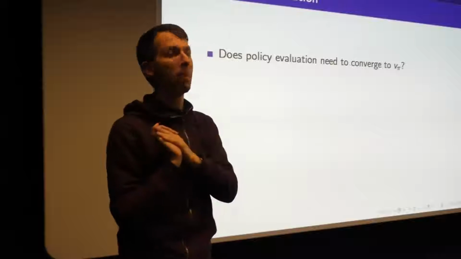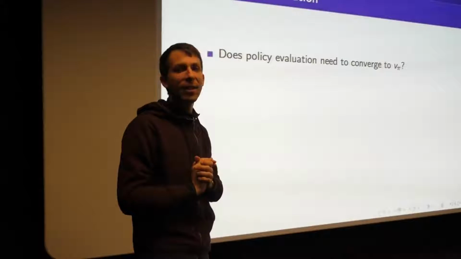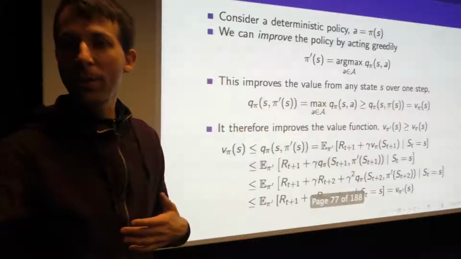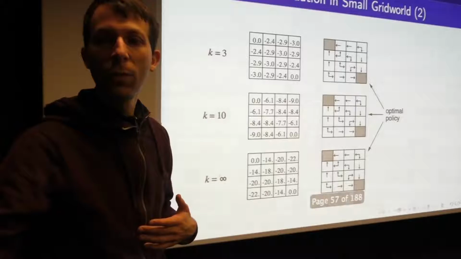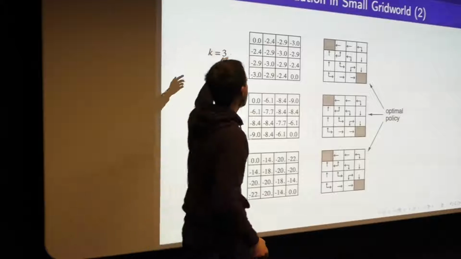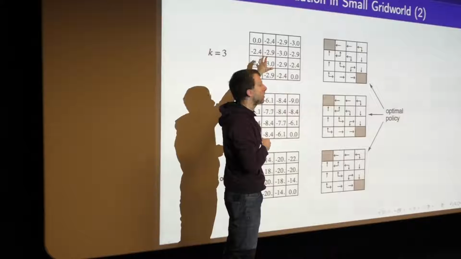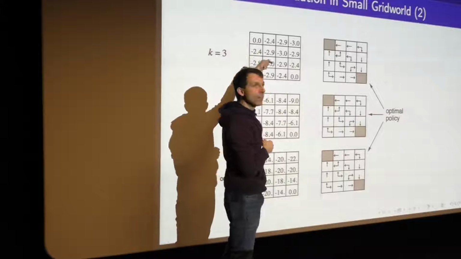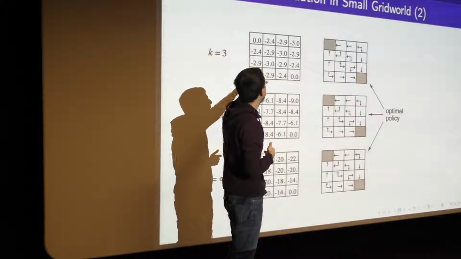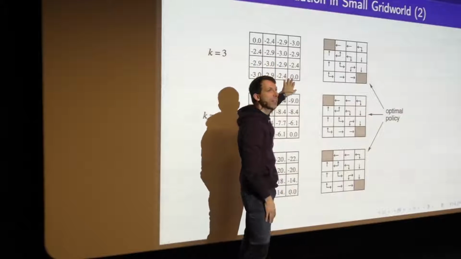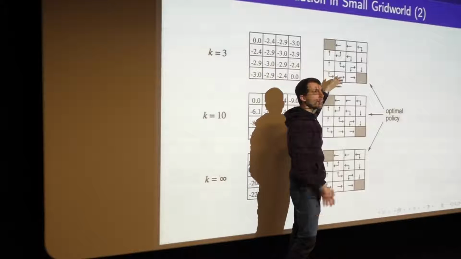Okay. So there was a great question there, which is essentially, if we go back to our example of the small grid world, we saw that even after doing a very approximate job of figuring out the value of our policy, even if you didn't figure out exactly your V pi, and just did a few iterations of your Bellman expectation equation, you got some very crude estimate of how good each state is, and acting greedily with respect to that was already enough in this problem.